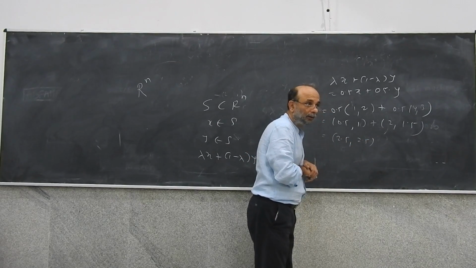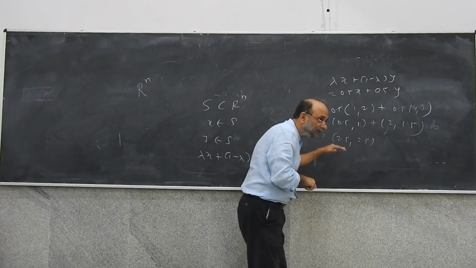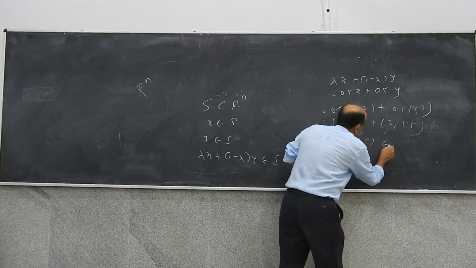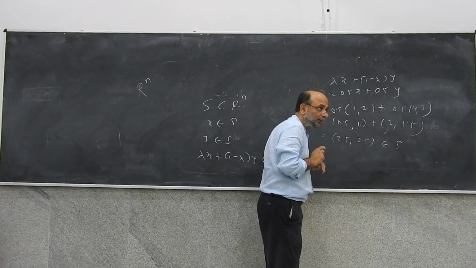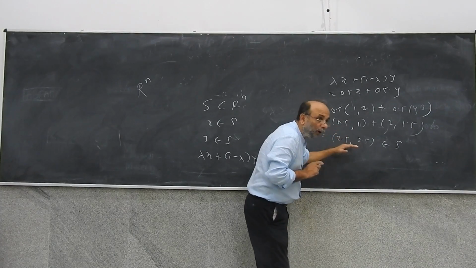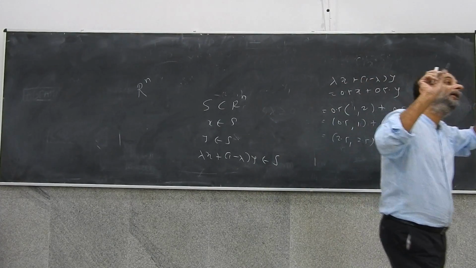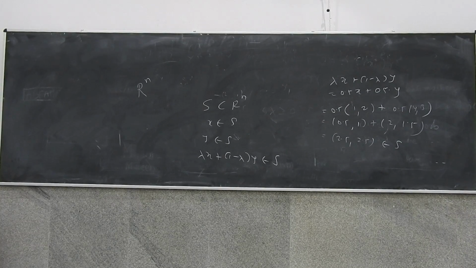Now you must then check: does this also belong to S? If this point also belongs to S, no matter whatever lambda you choose, the set S is called a convex set. So no matter what lambda you choose, you say lambda into X plus 1 minus lambda into Y, right?